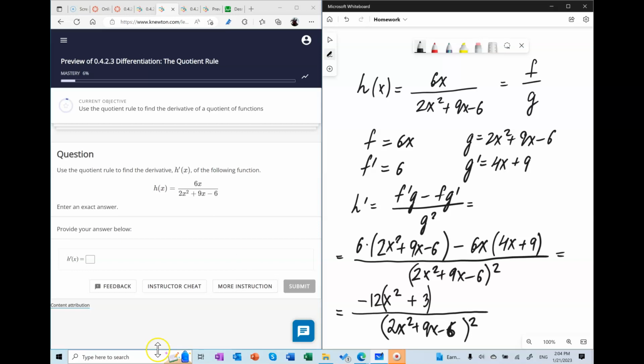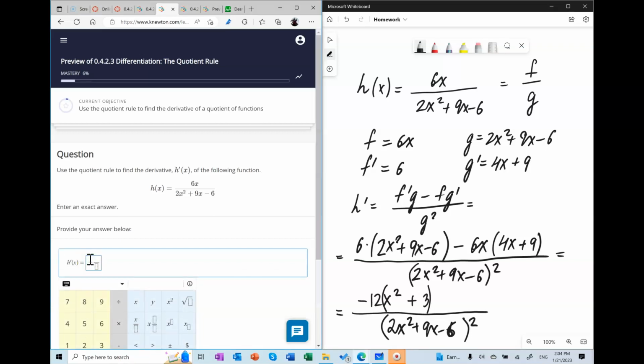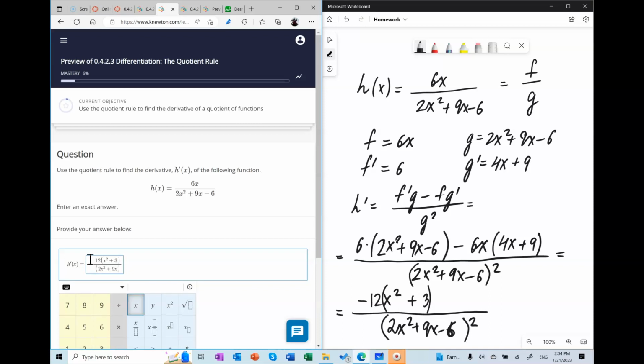And let's type the answer. We have negative 12x squared plus 3 divided by 2x squared plus 9x minus 6, all that squared.